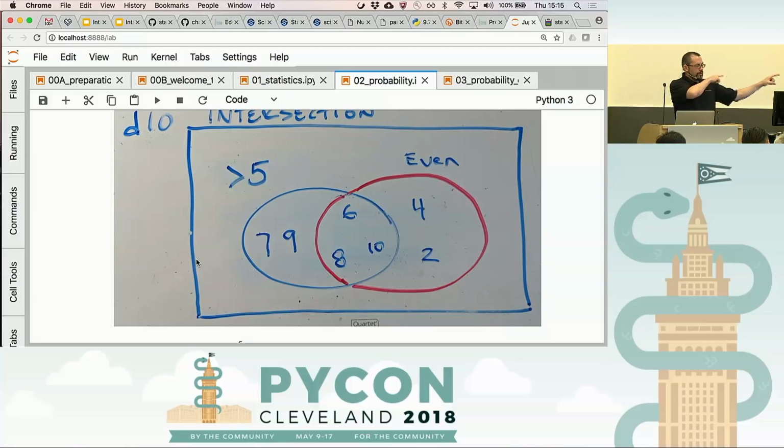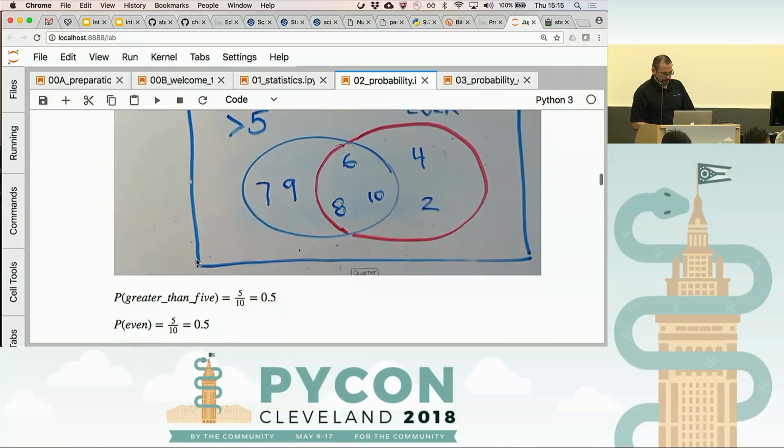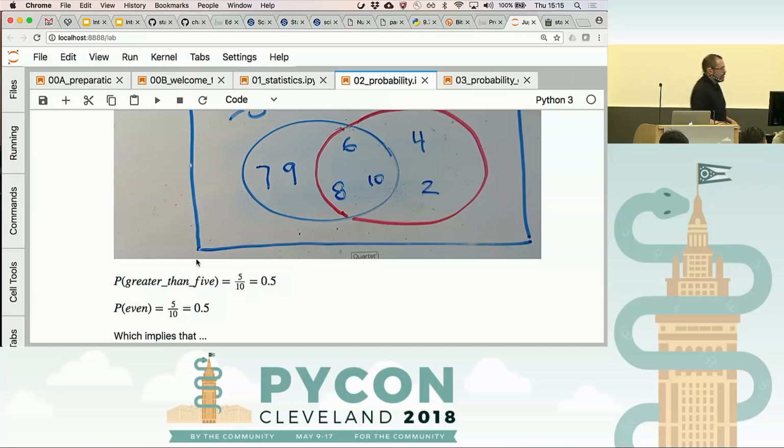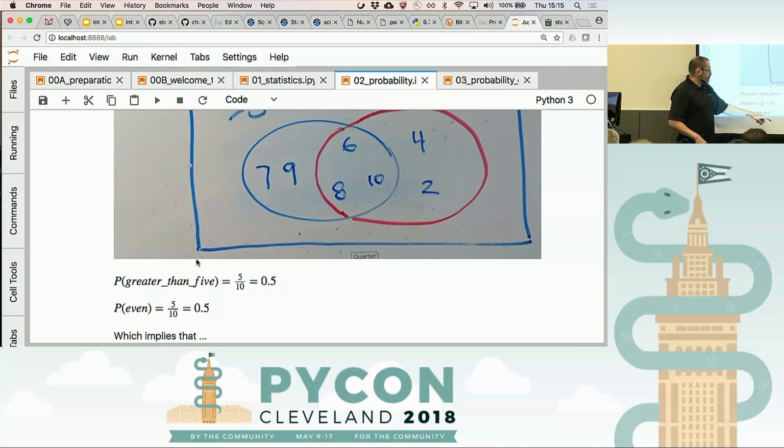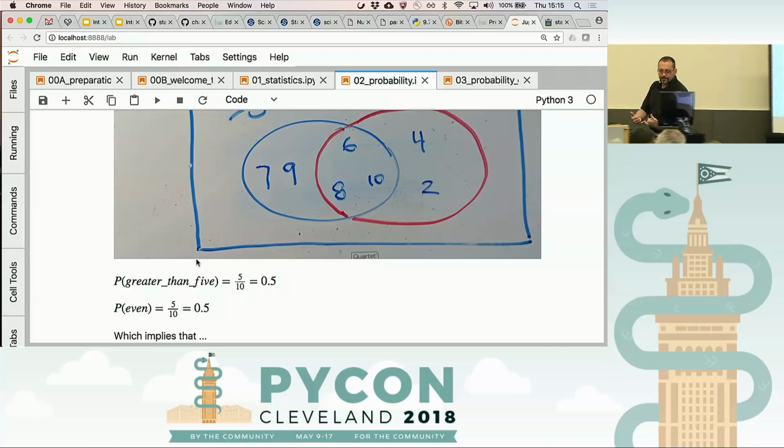Notice greater than 5 and even have these overlapping spots where 6, 8, and 10 fall into both of those ovals. If my probability of getting greater than 5 is 50%, my probability of getting even is 50%, and I add those together, that answer is not right.